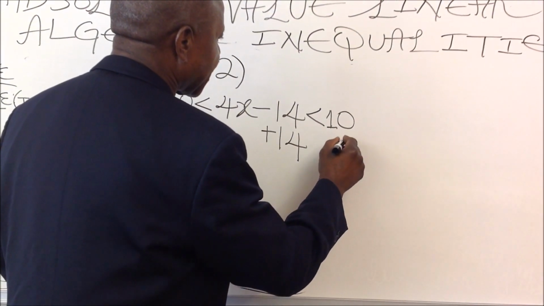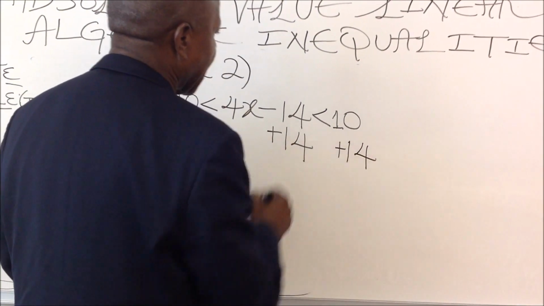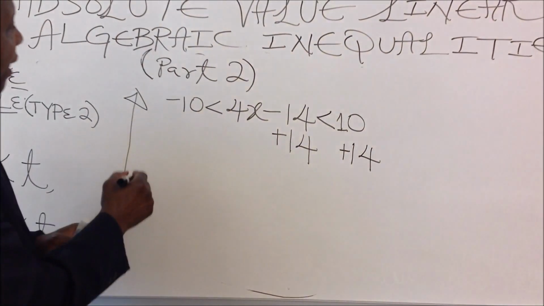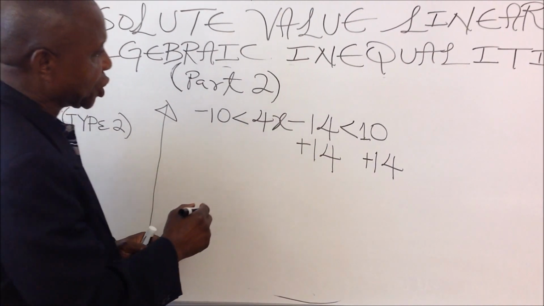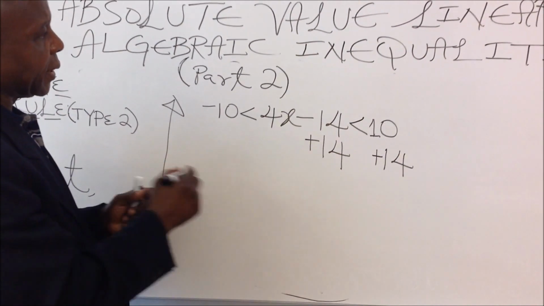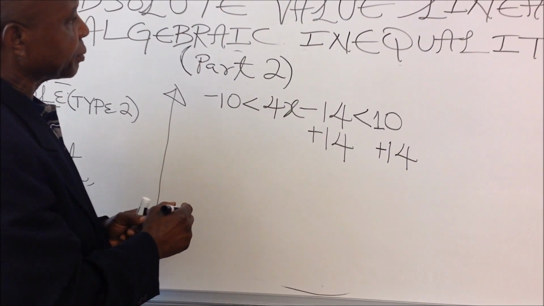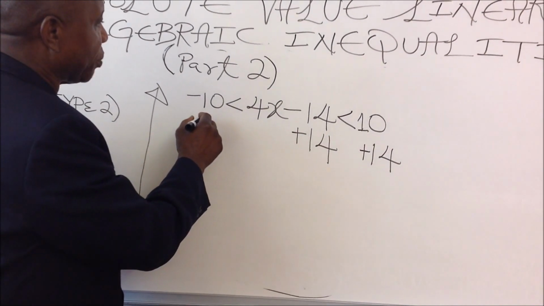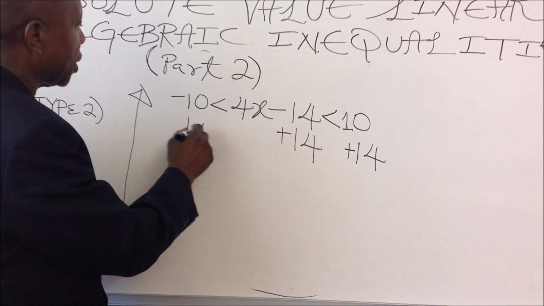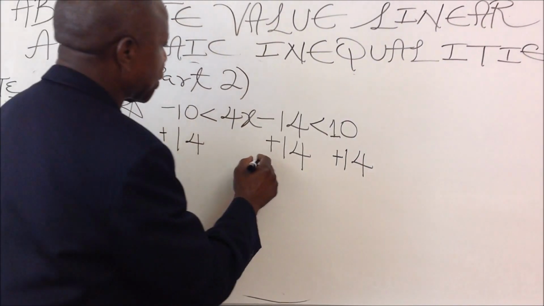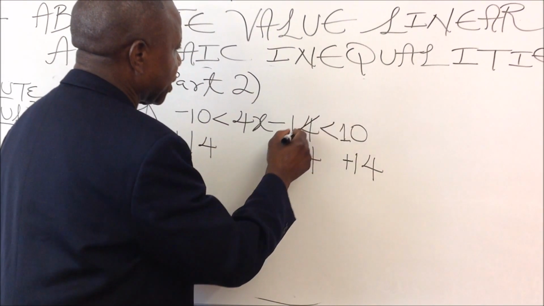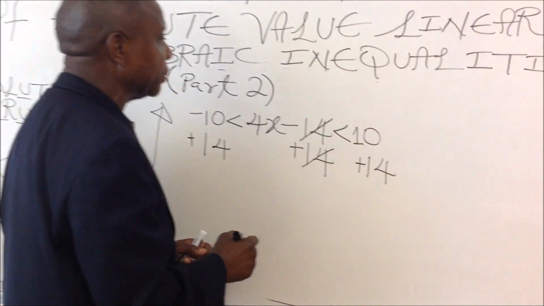And then I must do the same thing to the expression in the middle of the inequality. So that will be 14 as well. Notice that if I do so, this negative 14 will cancel out with positive 14.